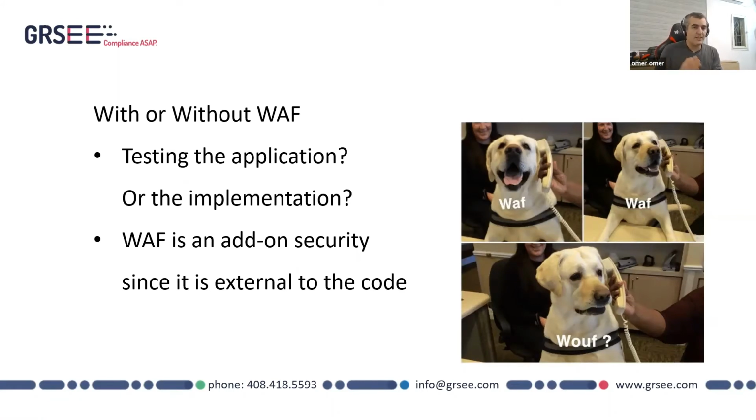So in my opinion, application penetration test should run without a WAF, but use it according to your needs, as it is very dependent on the scenario that you are testing and the result you are looking to find. For example, if you are looking to find how robust is your service in a general sense, in its own state, in production, then you do want to test it with all relevant security controls that you have in place. And if you just want to test the code, then you might want to skip the WAF and test the application itself directly.